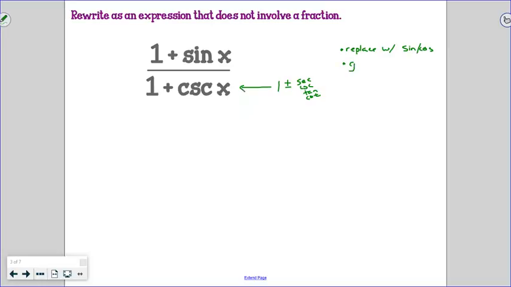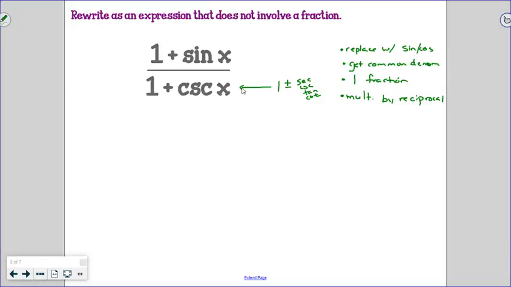I would get a common denominator. I would make it one fraction. And then multiply the top by its reciprocal. Okay, so let's see that in action.